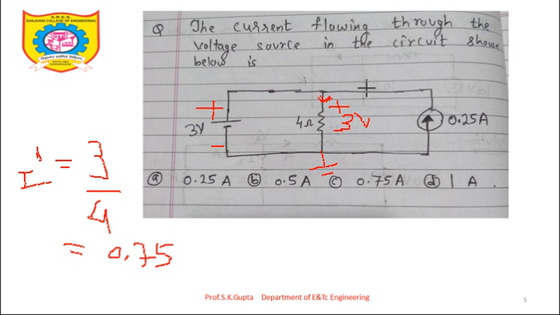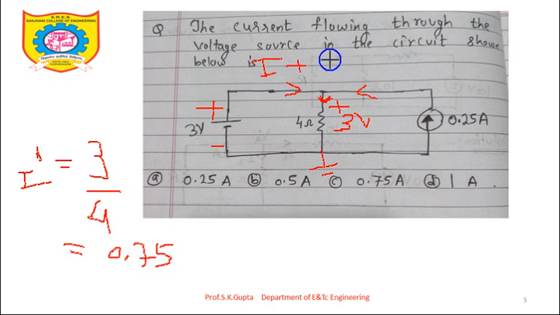Now here 0.25 ampere current is coming to this node, and 0.75 ampere current is going in the 4 ohm resistance. So what will be the current over here? By applying KCL you can determine the current here. I is the incoming current and this 0.25 is also incoming current.